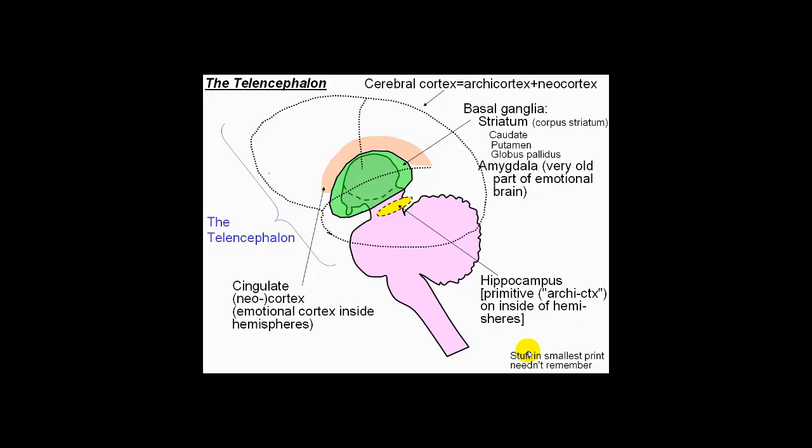So the first thing to get added on was some very old cortex, so-called archicortex, called the hippocampus, and that's shown here. And then later there was a lot of other stuff added on, and that was the neocortex, and that's the rest of the stuff that I've not shown here. It's not colored here.